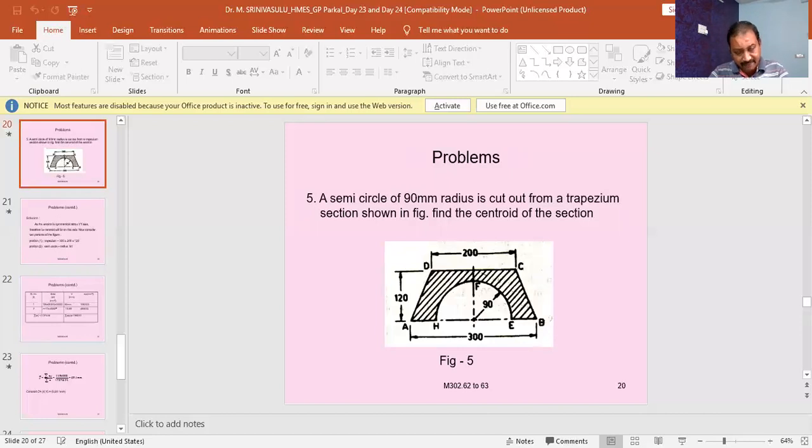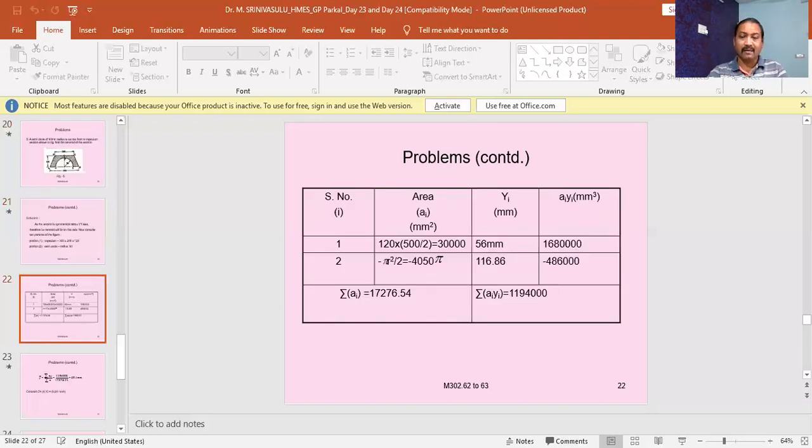For the semicircle we know that y bar is equal to 4 r by 3 pi. Substituting the values, we get y2 equal to 116.86, and the term a into y becomes 486,000, but it is shown as negative because we have to subtract this one.